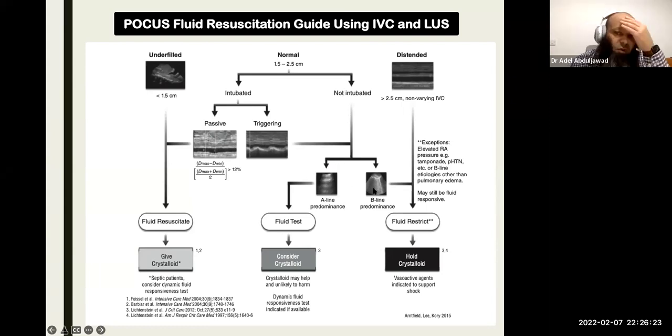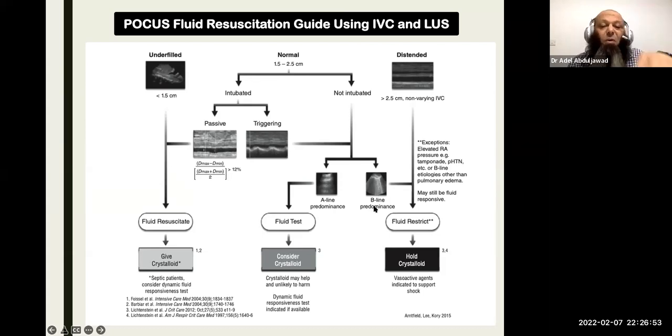So you go for the lung ultrasound here. We started with the IVC measurement; here we go for assessing the lung ultrasound profile, A profile or B profile. If A profile predominates, you go with the fluid test, as it is unlikely to harm, and consider crystalloids, because the patient's lungs are well aerated, so you go with the fluid challenge.